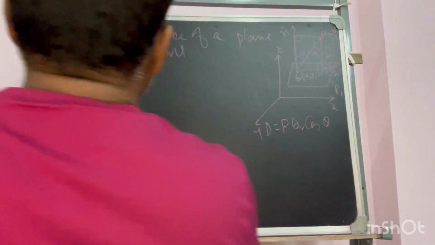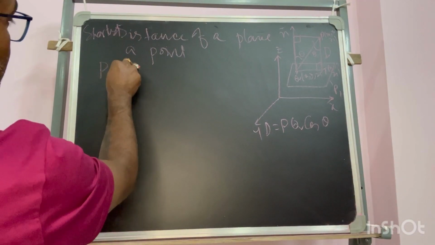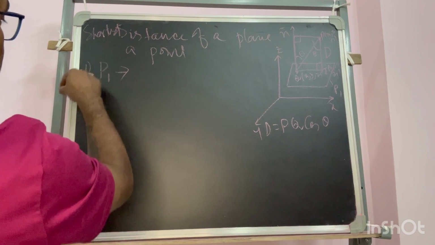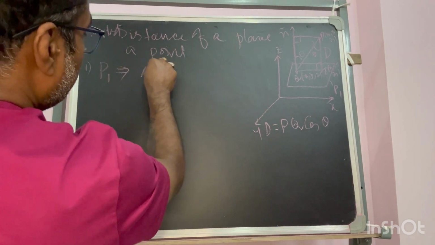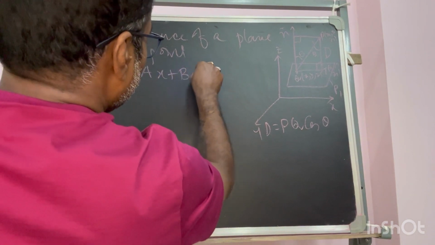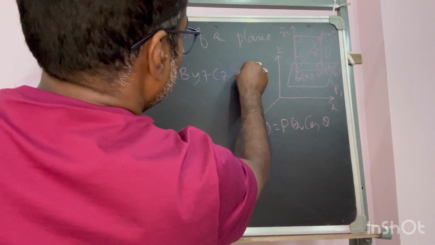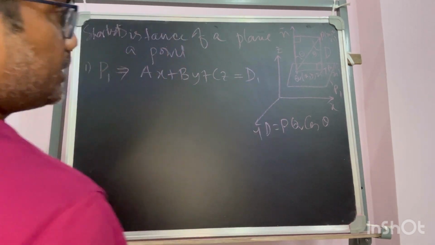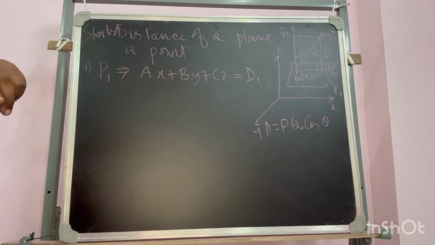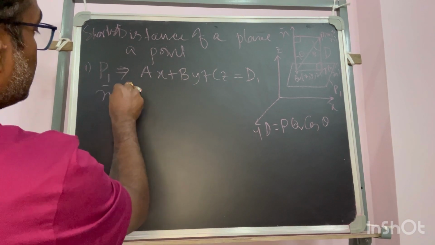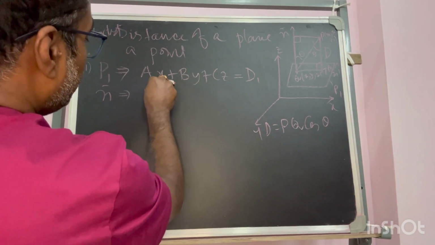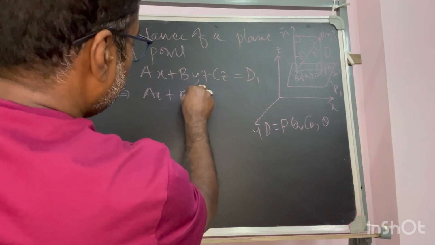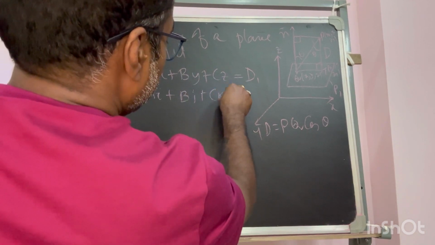Now coming to the plane equation P1, we are assuming a few things. One equation is AX plus BY plus CZ is equal to, let's say, D1, where the normal vector is Ai plus Bj plus Ck.